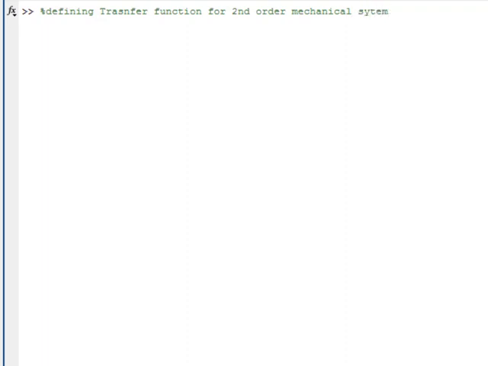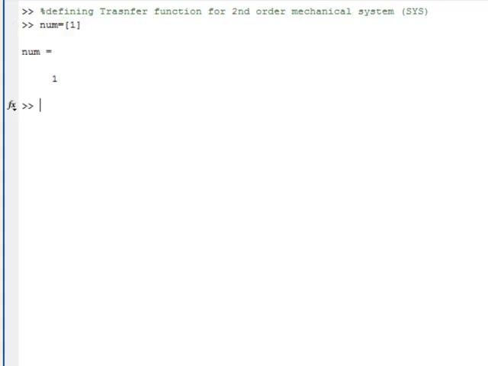Now let us say that the system we are going to define by sys, a variable. To define a transfer function of a system, we need to define a numerator as well as a denominator. So we'll write the numerator value. We know that the numerator is 1, so we'll write a vector 1 here.